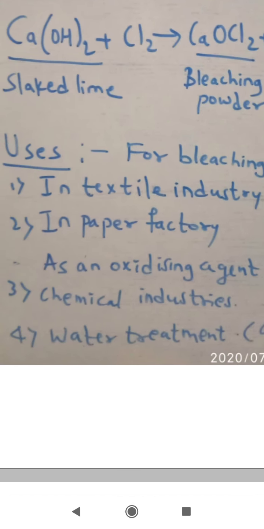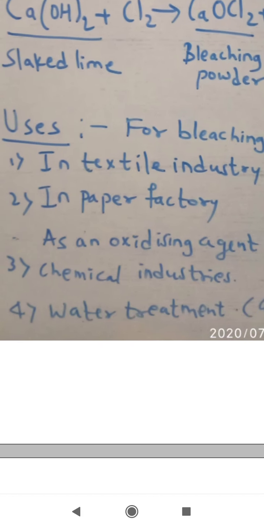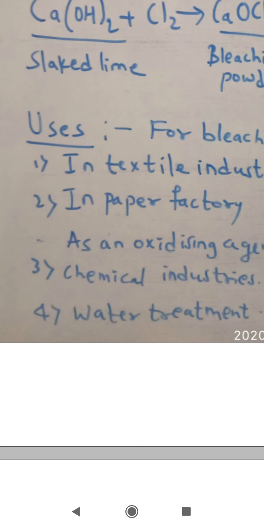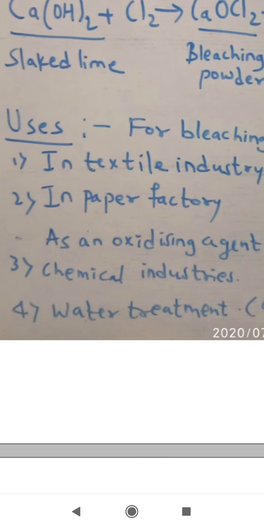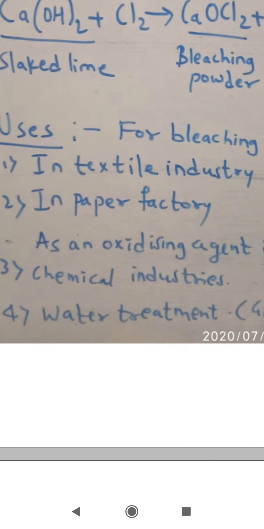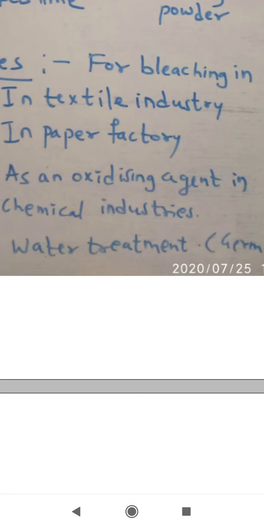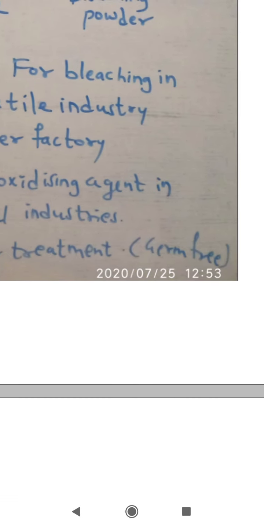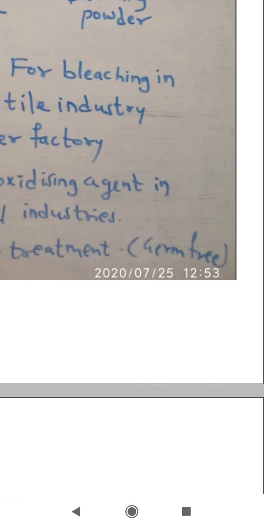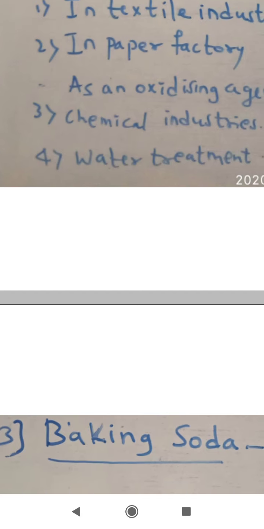This is used in the textile industry and in the paper manufacturing industry for removing stains, and it is also used as an oxidizing agent in chemical industries as well as in water treatment plants, so as to make the water free from germs. So this bleaching powder is added in water also.